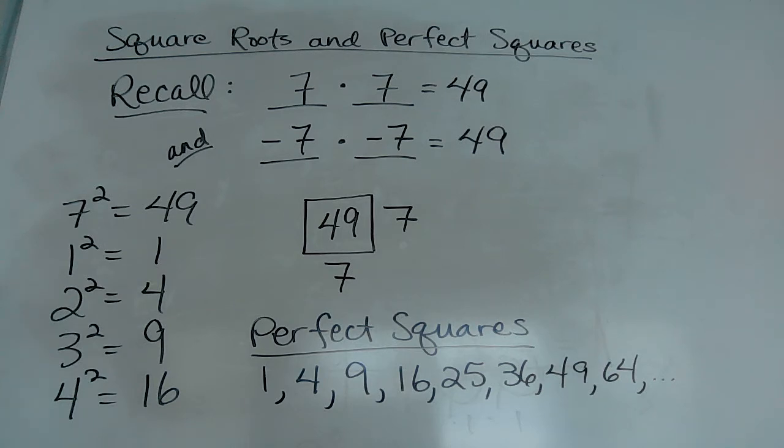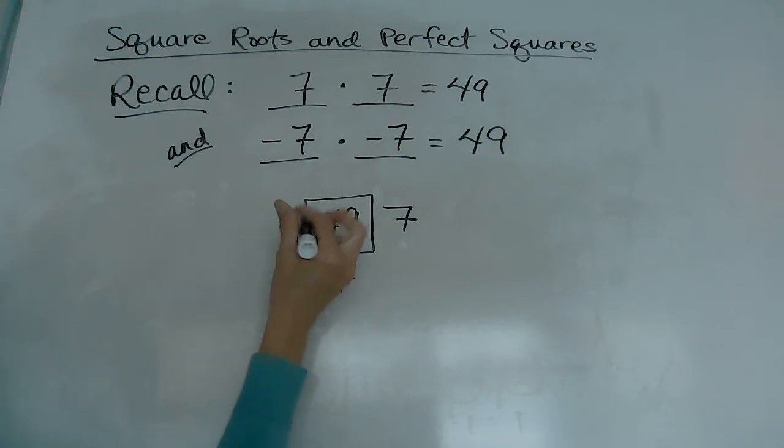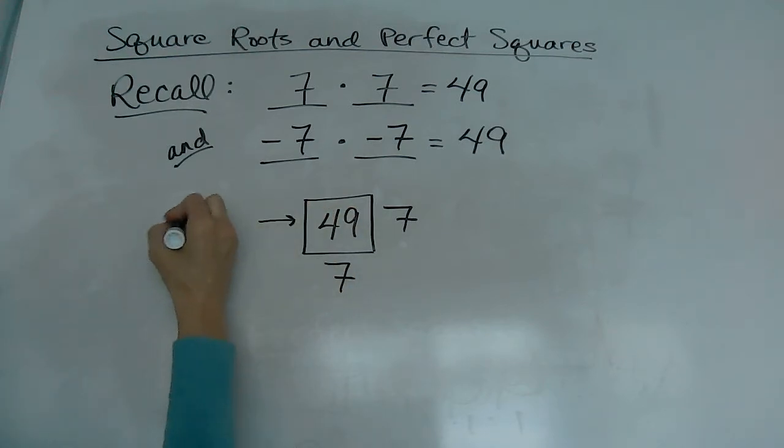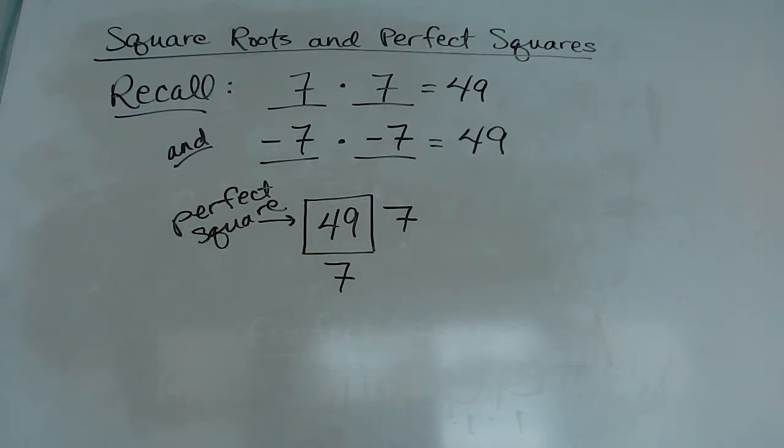All right, so let's talk about what a square root is. Okay, so remember, 49 is the perfect square. The square root of 49 is 7. It is the number that is used to multiply by itself to get our perfect square.